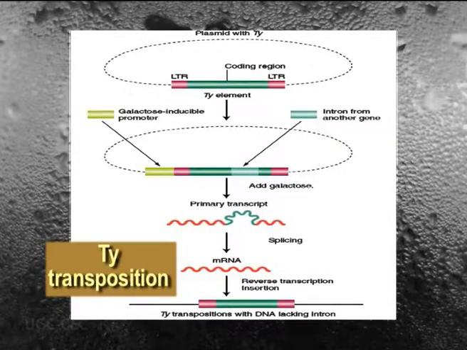As you see here, as the GAL promoter was activated, it produced a primary transcript. Now the transcript by itself cannot move around. The activation of the transcript happens due to splicing, because what they found by sequencing was that the size of the active mRNA was much less than that of the transcript produced earlier.